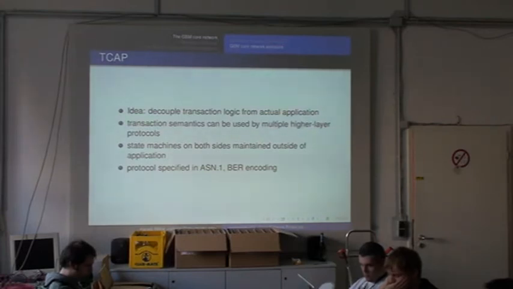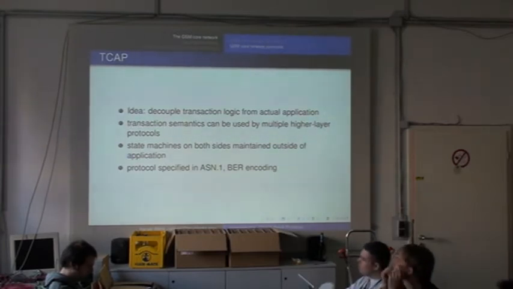On the other hand, a pure datagram-oriented system doesn't give you any kind of, you don't know has the transaction completed or not, you don't know whether the message has reached the destination, so it doesn't give you enough. And a transaction protocol is sort of between a pure datagram protocol and, on the other end, a full connection-oriented protocol.